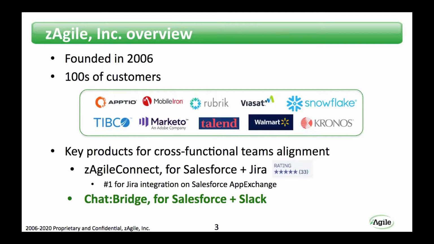And what zAgile handles is more for mid-sized markets on particular deep integrations. Our key products listed there include zAgile Connect, number one on the Salesforce AppExchange for integrating Jira and Salesforce. And of course, what we're going to be covering today is ChatBridge, integrating Salesforce and Slack.